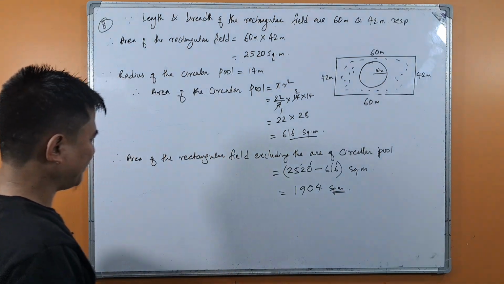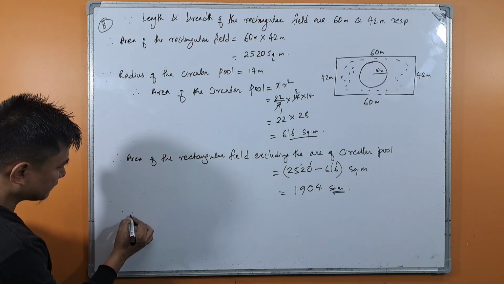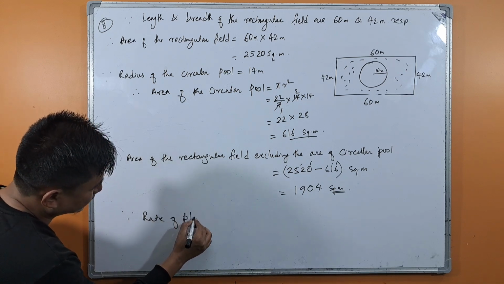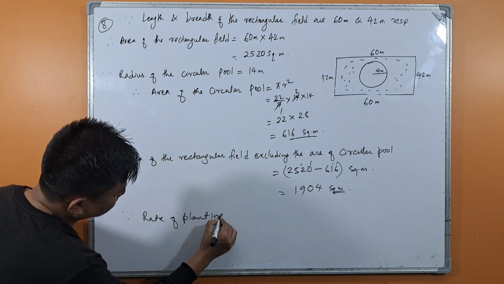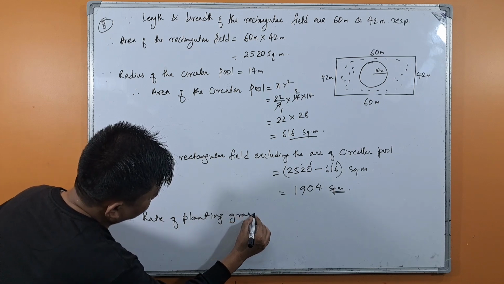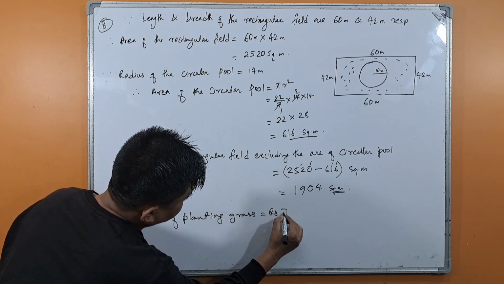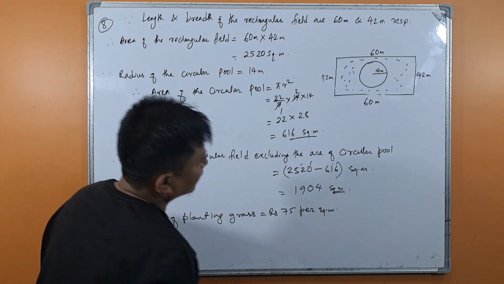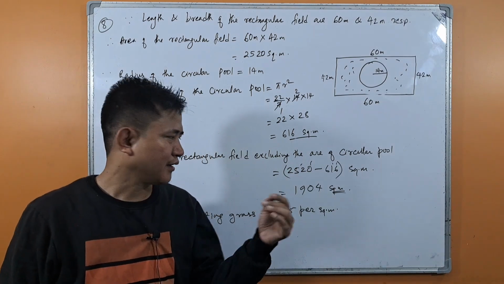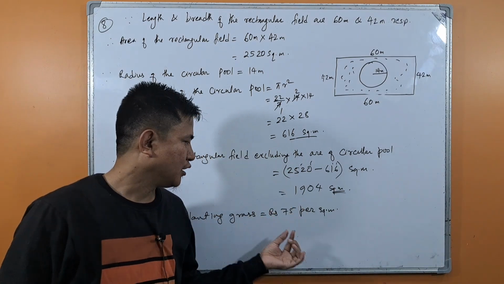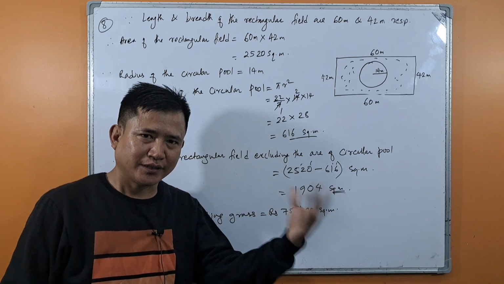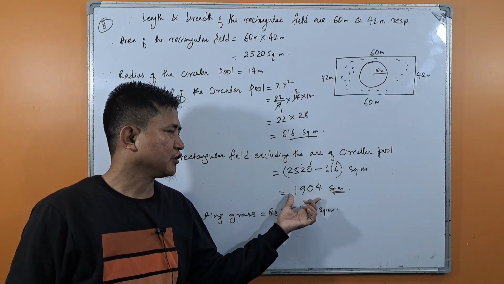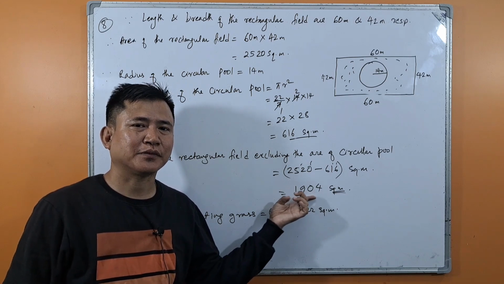Therefore, rate of planting grass is equal to rupees 75 per square meter, isn't it? That means to plant grass in 1 square meter of land, rupees 75 has to be spent. So how much money has to be spent to plant grass in this much area?